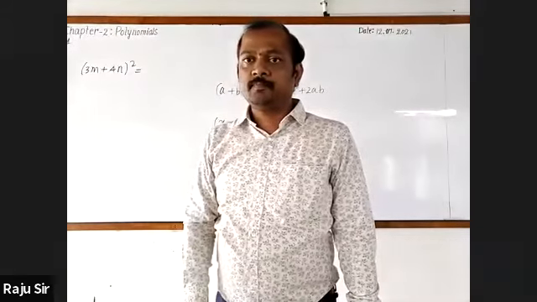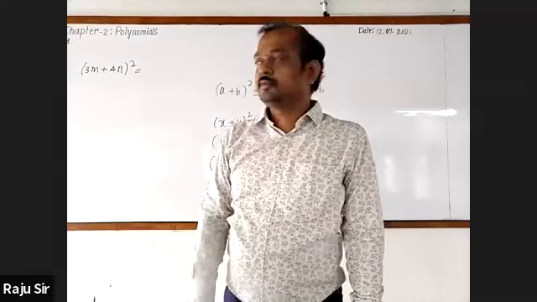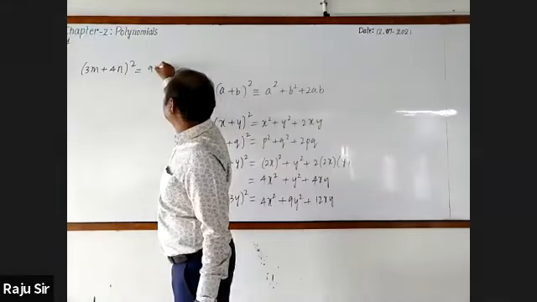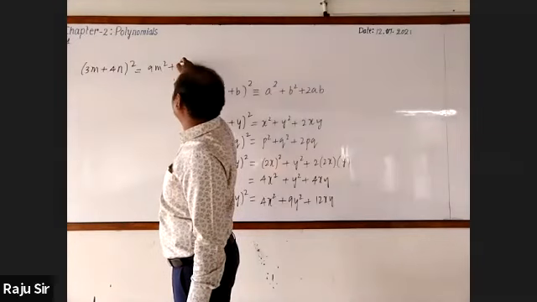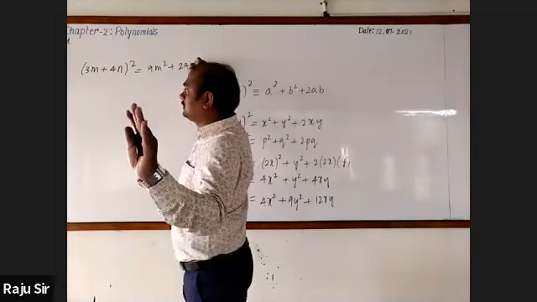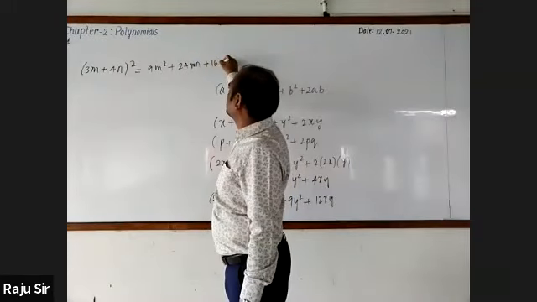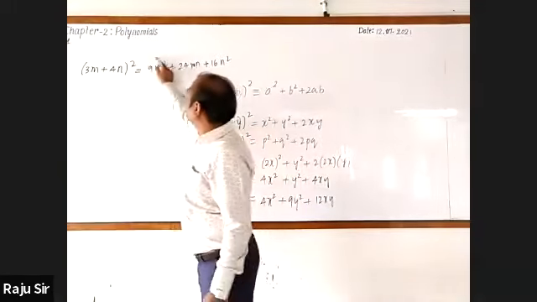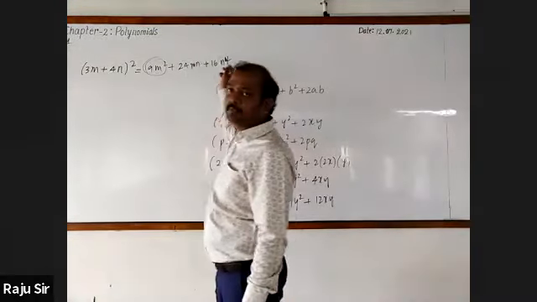Arushi. Sir, 9m square plus 24mn square... no, 24mn, plus 16n square. Correct. She has used this one: a square plus 2ab plus b square.